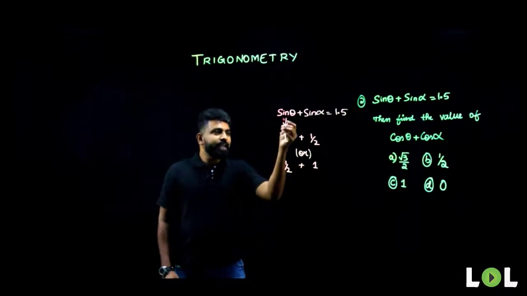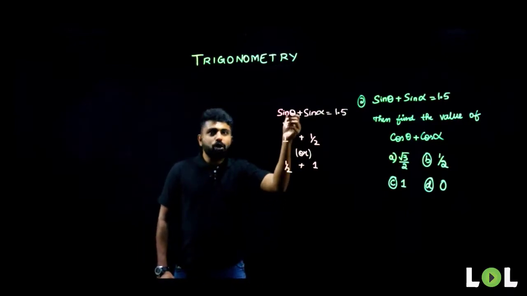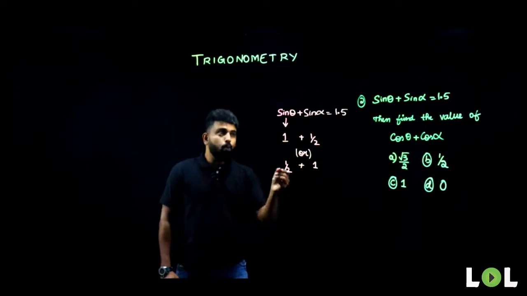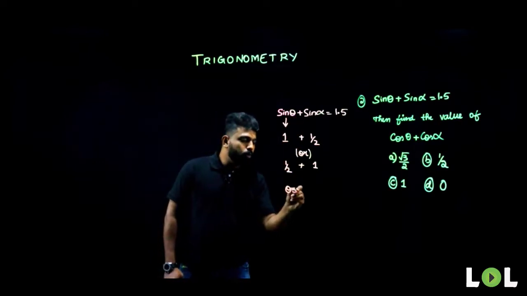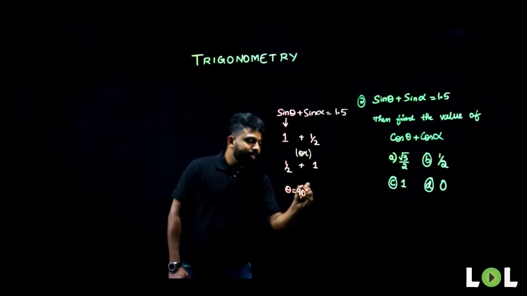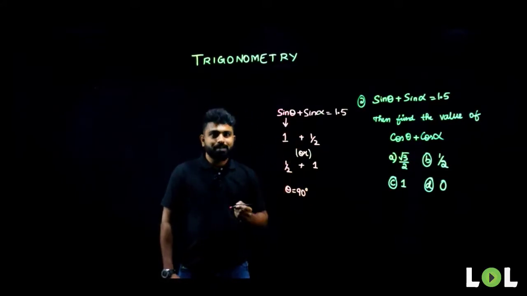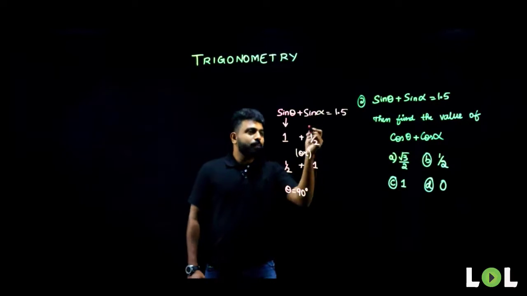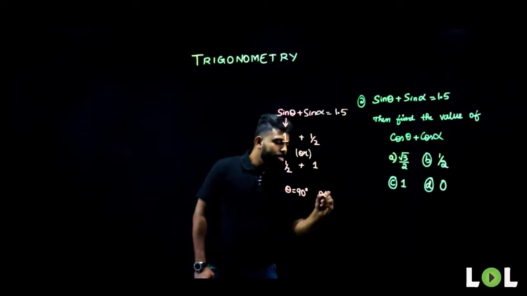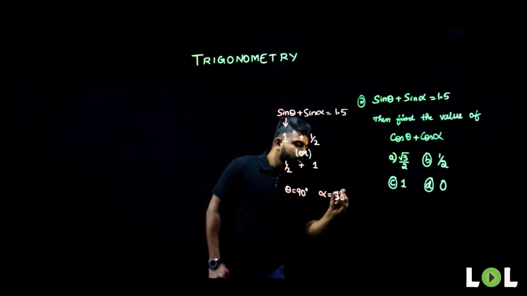So if sin theta has to be 1, what should be the value of theta here? When does sin theta become 1? Whenever theta is equal to 90 degrees, sin theta will be equal to 1. When will sin alpha be equal to 1 by 2? Sin alpha will be equal to 1 by 2 when alpha is equal to 30 degrees.